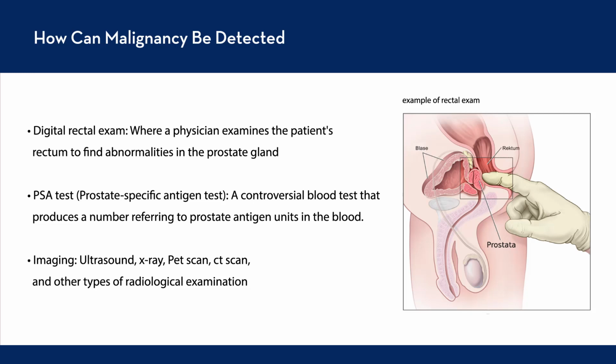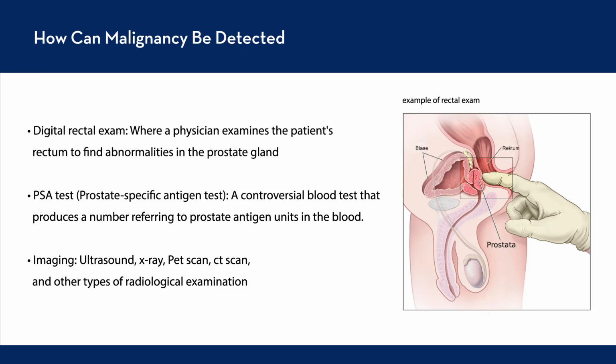Now, normally a man will have a low number or low PSA value, below 4, if the prostate is normal. As a man ages, the PSA value may go up, even if the prostate is normal. The prostate-specific antigen may also increase in benign conditions where there's chronic prostatitis or other injuries of the prostate.